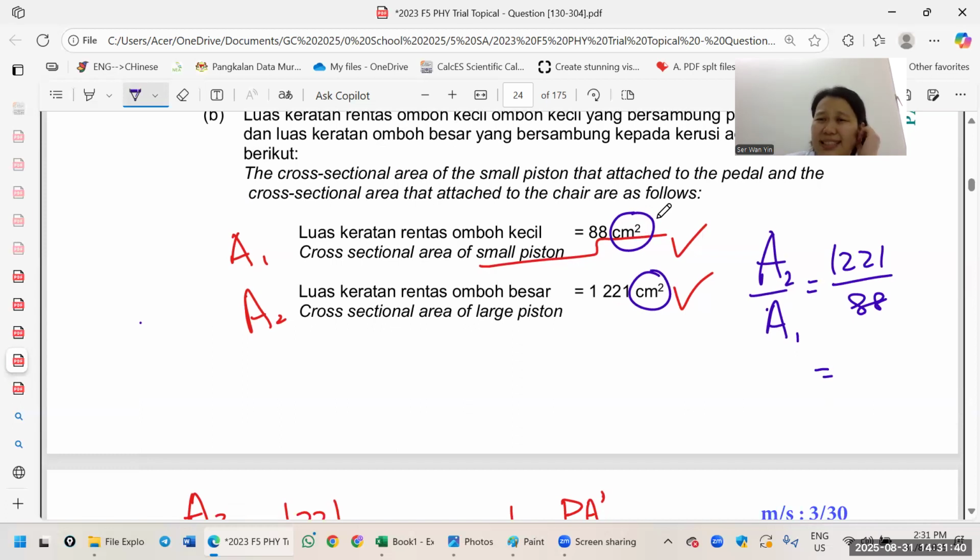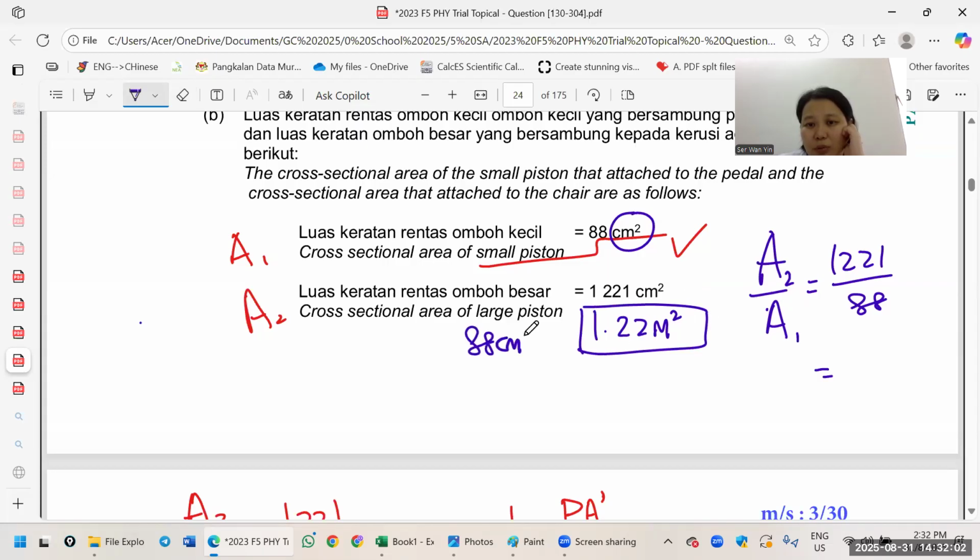Now let's say this is 88 cm squared, but this one is 1.22 m squared.